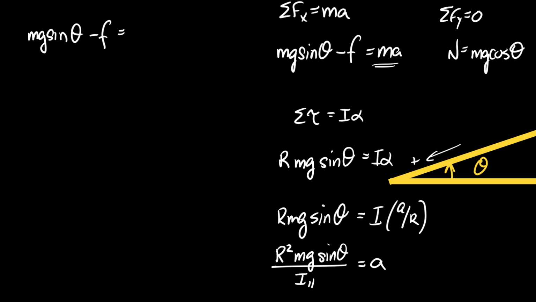I might move some things around, but I'll get m squared r squared g sine theta over I parallel times A. Oh, no A. Sorry, that is A. There we go. Looks like everything's there. You guys see everything there? It's icky.